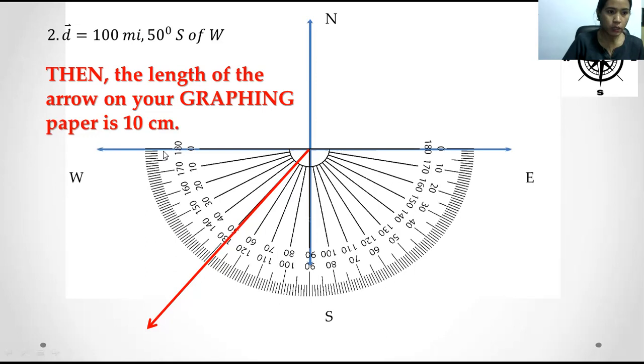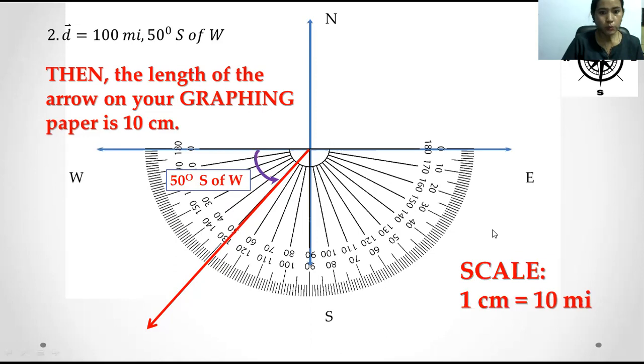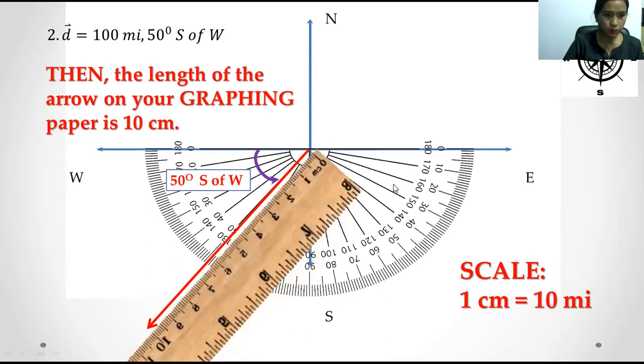So we have to count from the western direction going southward: 10, 20, 30, 40, and 50. Now this angle measures 50 degrees south of west. Using a scale of 1 centimeter equals 10 miles, the length of our arrow on your graphing paper will be 10 centimeters.